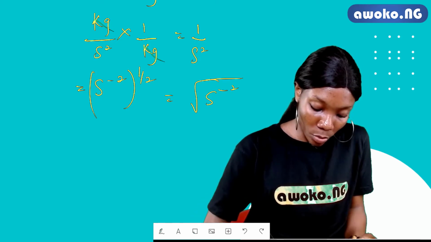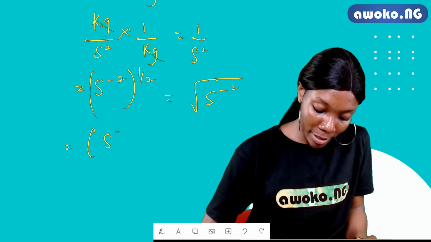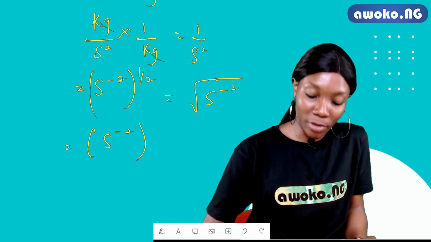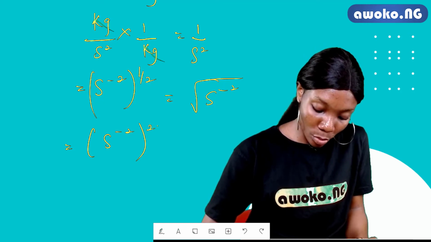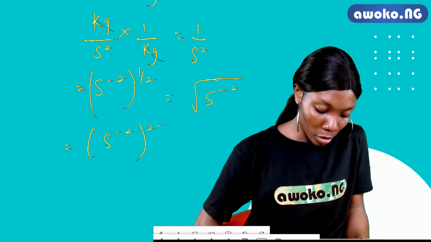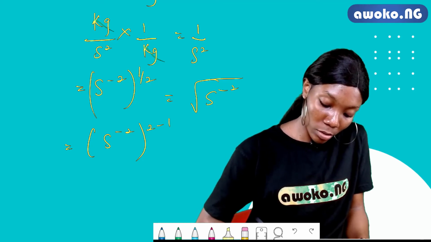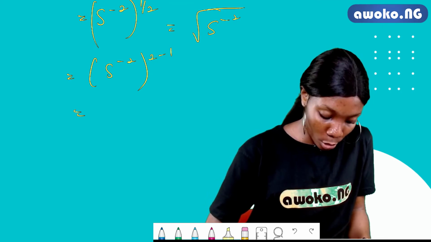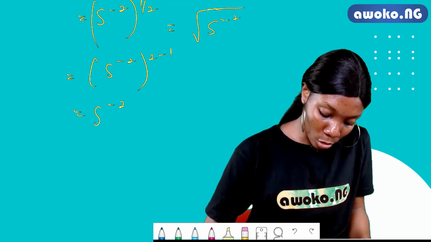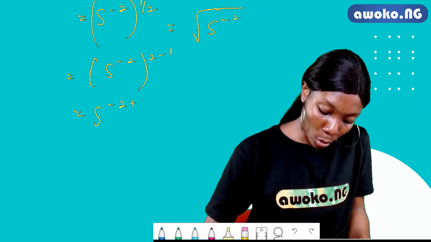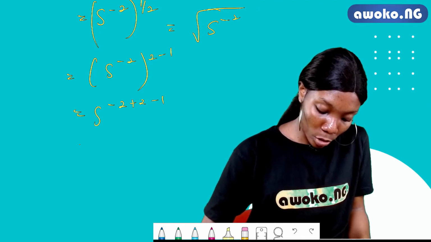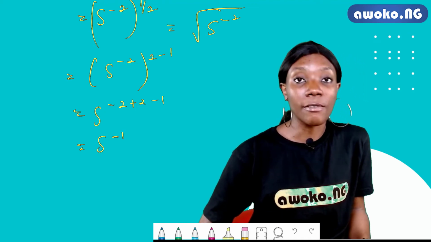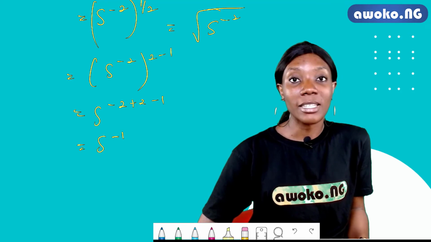Take note, so we have s to the minus 2. When you take the inverse of this, you get 2 minus 1. So you go further to solve, s to the minus 2, taking their powers, plus 2 minus 1. When you do this, you have s raised to the power of minus 1. So this is the exact unit for that equation.